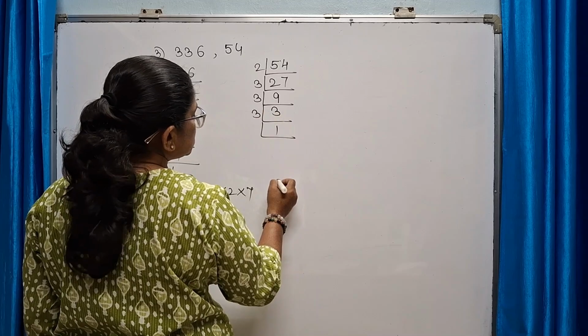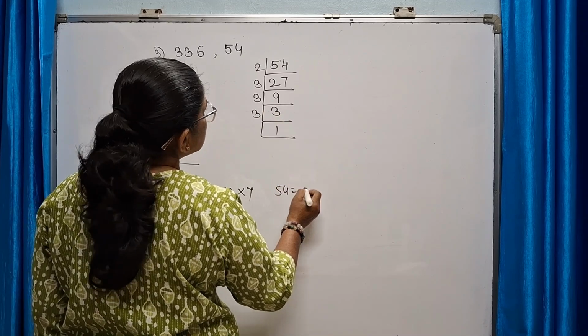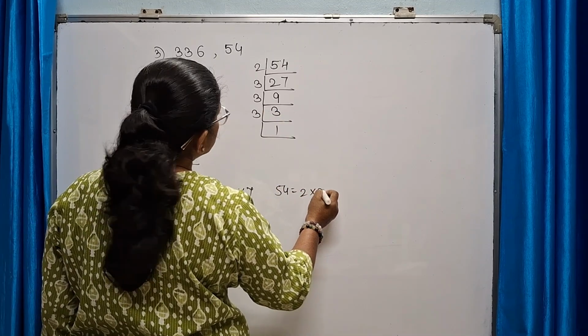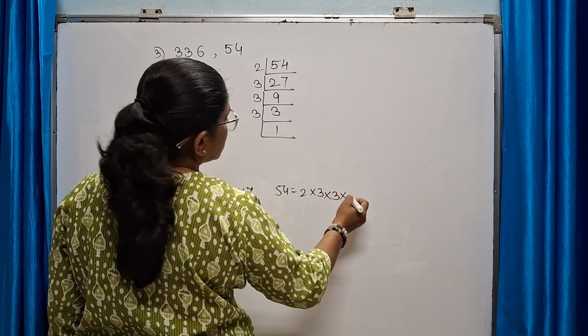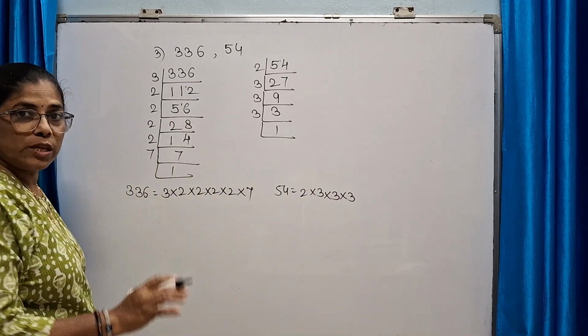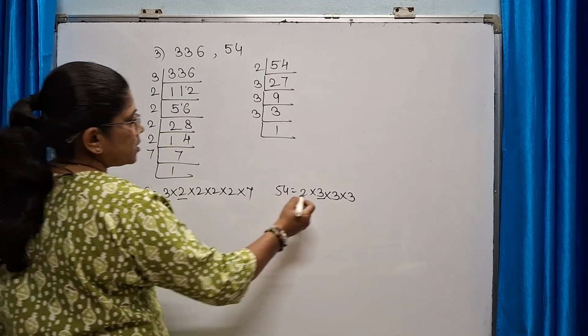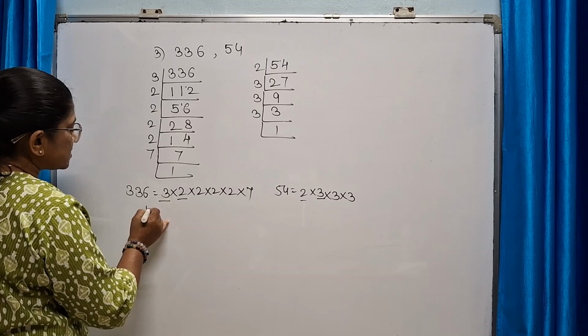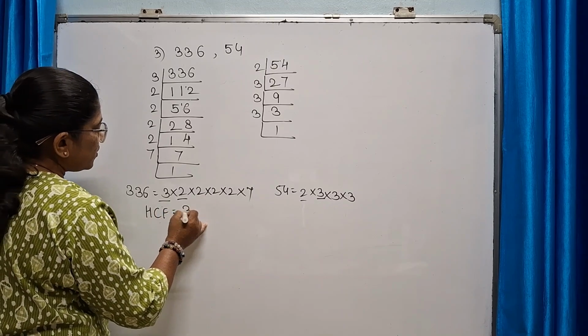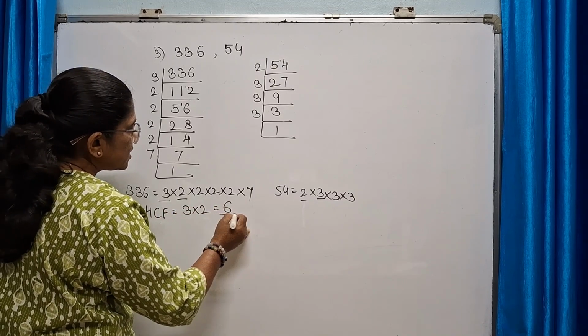So the factorization of 54 is 2 into 3 into 3 into 3. Now let's check for the common factors. We have 3 and 2. These are the common factors. So in this case, our HCF is 3 into 2, that is 6.